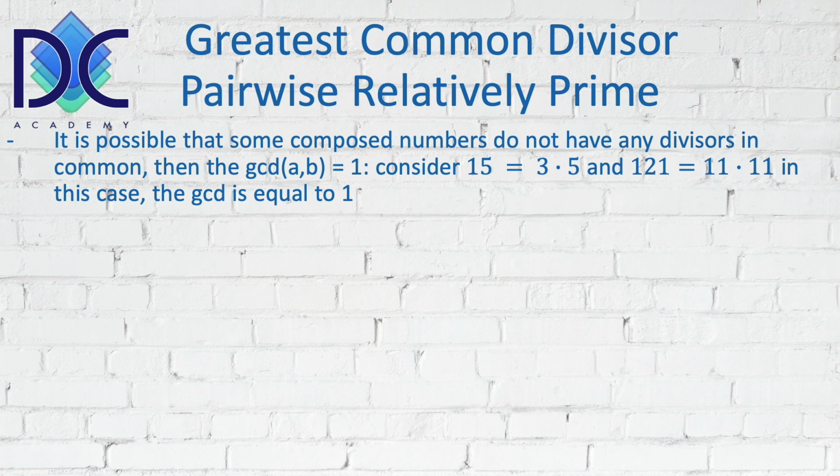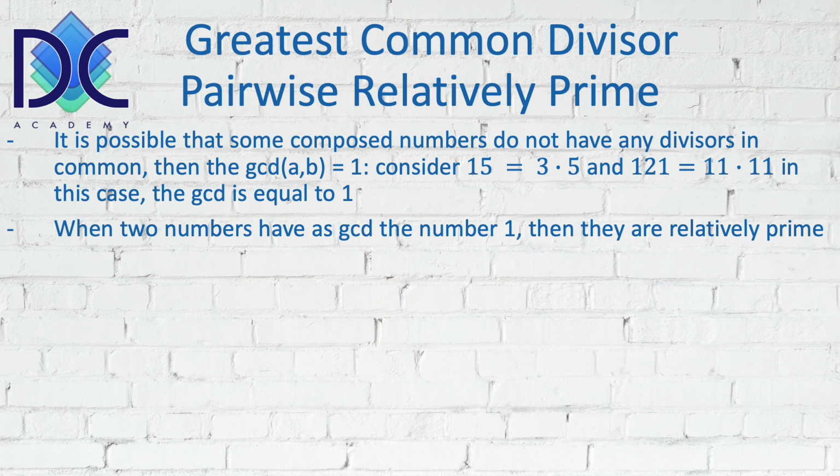Let's consider two numbers, 15, which we can write as 3 times 5, and 121, which we can write as 11 times 11. In this case, because there are no common divisors, the greatest common divisor of 15 and 121 is equal to 1. When two numbers have the greatest common divisor 1, we call them relatively prime, because we cannot divide them by any common number. They're not prime numbers, but they're relatively prime.